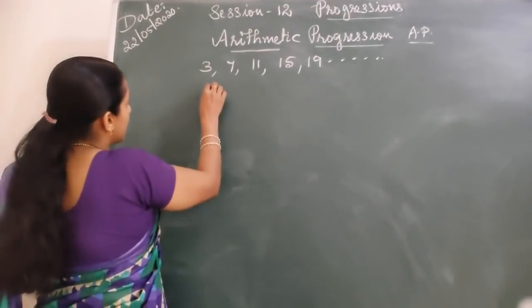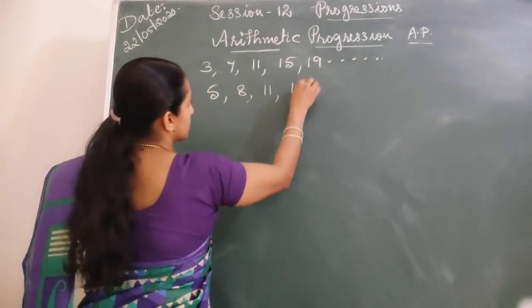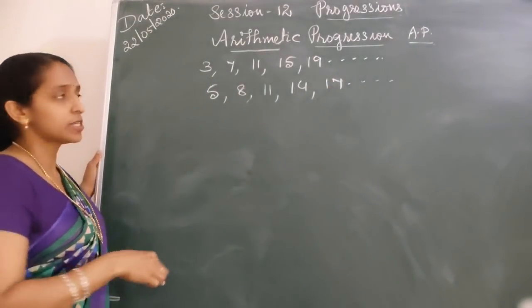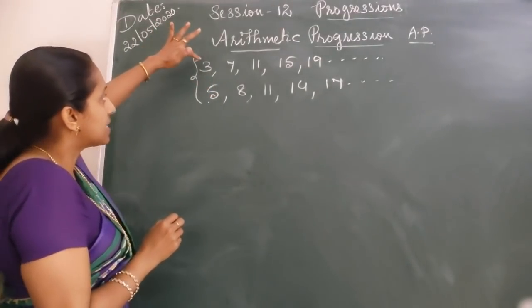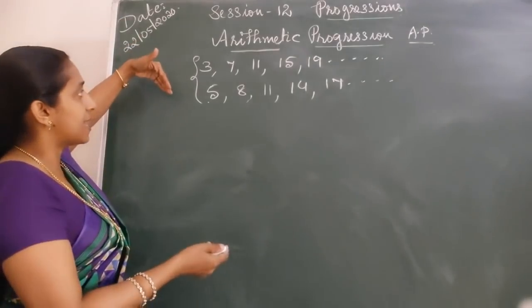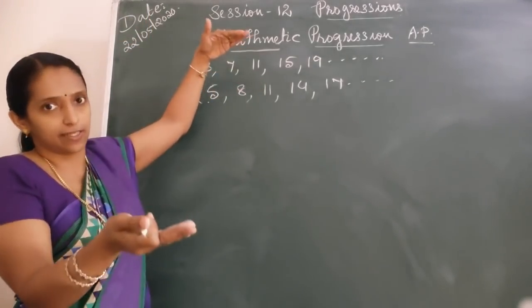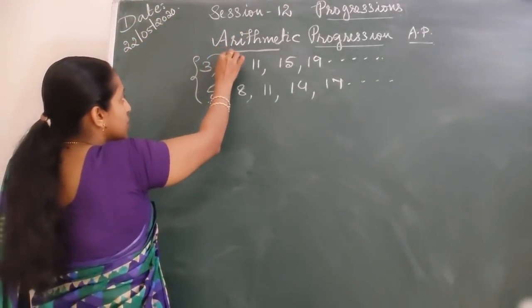Or if you take another one, this is also a sequence, right? In these types of sequences, you can see there is a common difference, or we can say a fixed number is added to the previous term.